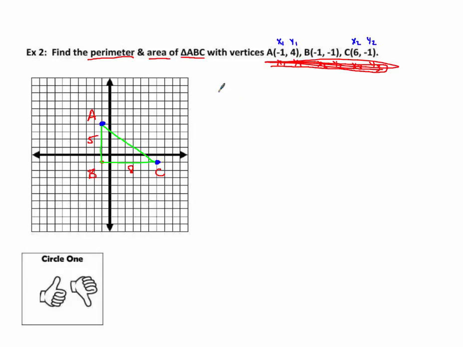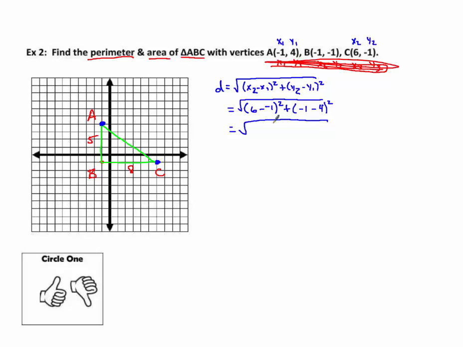So to find out the distance from A to C, we'll do the distance equals the square root of x2 minus x1 squared plus y2 minus y1 squared. Square root of x2, which is 6, minus x1, which is -1 squared, plus y2, which is -1, minus y1, which is 4.